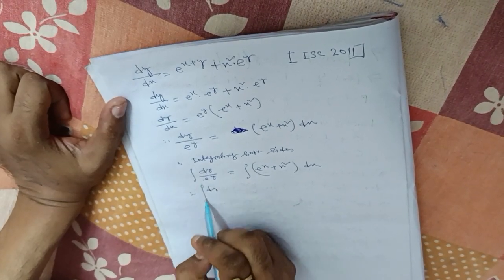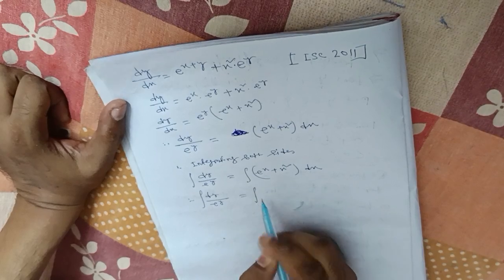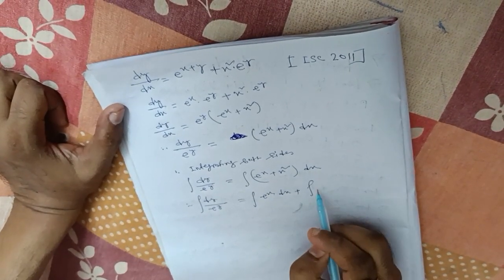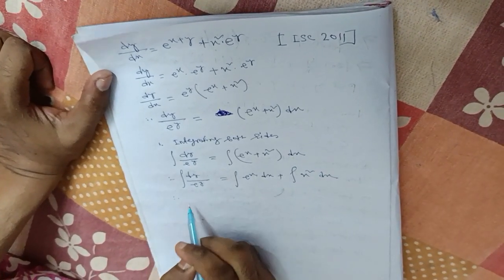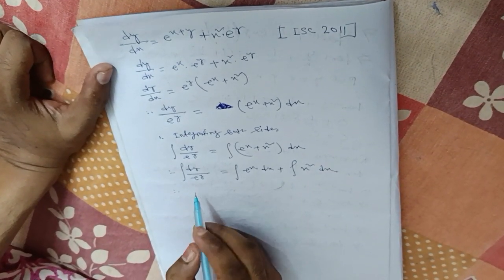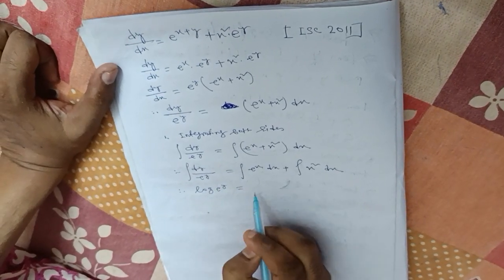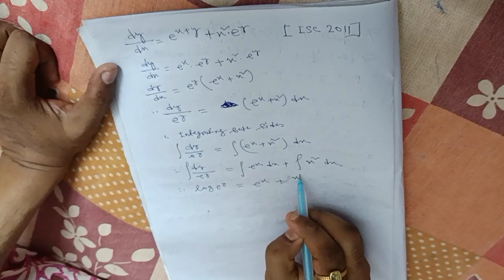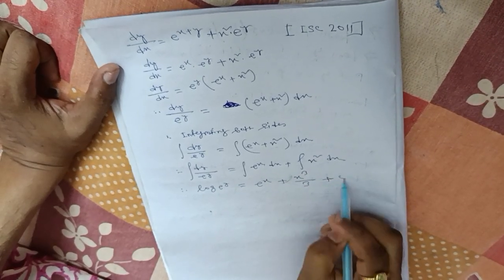Integration dy by e to the power y equal to integration e to the power x dx plus we can write x square dx. Now integration dy by e to the power y equal to log e to the power y, e to the power x equal to e to the power x, x square equal to integration x cube by 3 plus c.